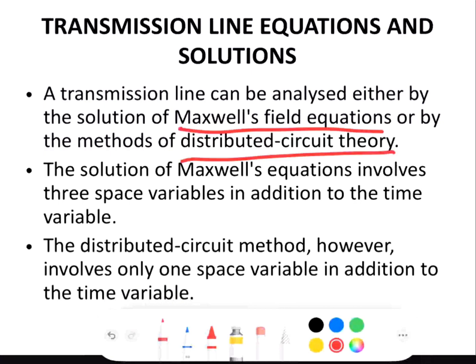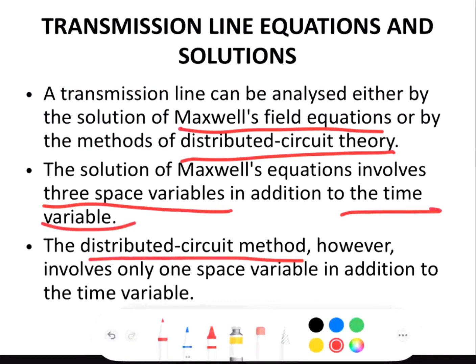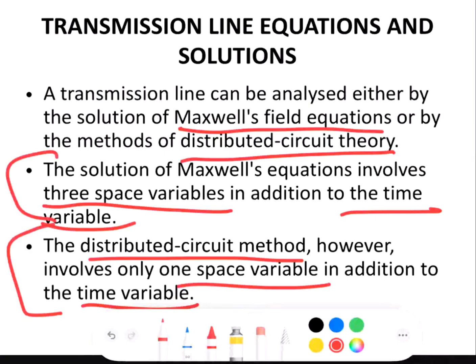The major difference between these two is that if we analyze the transmission line by means of Maxwell's equations, it involves three space variables in addition to the time variable. But if you go by the distributed circuit method, it involves only one space variable in addition to the time variable.